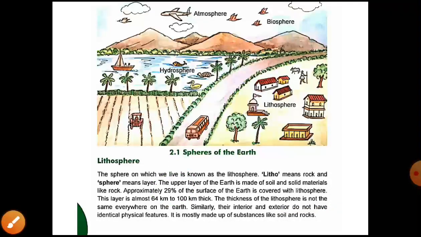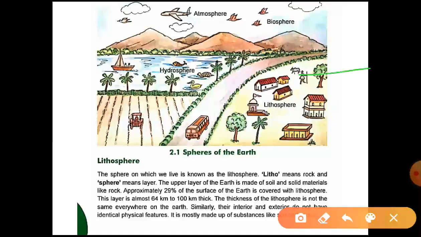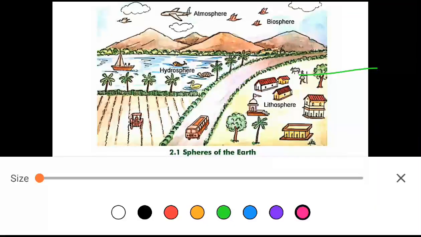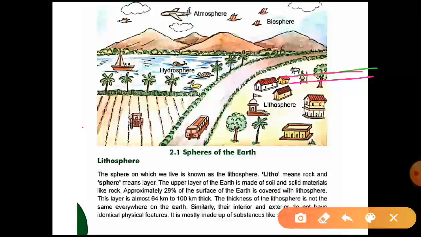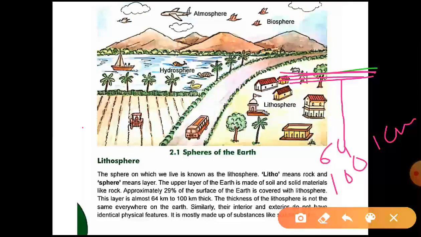This layer is almost 64 kilometers to 100 kilometers thick. If this is the surface of the earth, and we go down 64 to 100 kilometers, there we can see this first layer, the lithosphere.